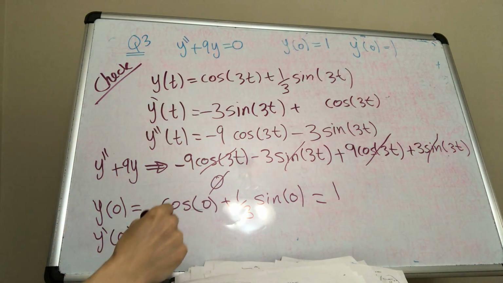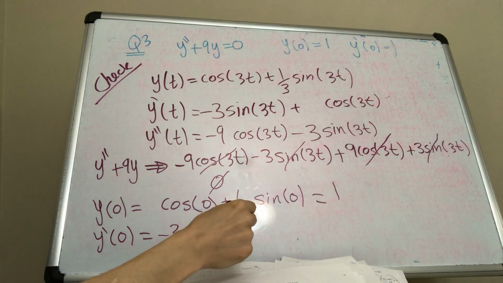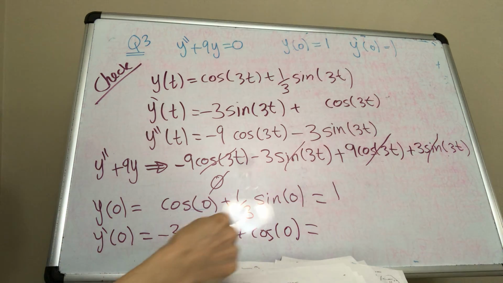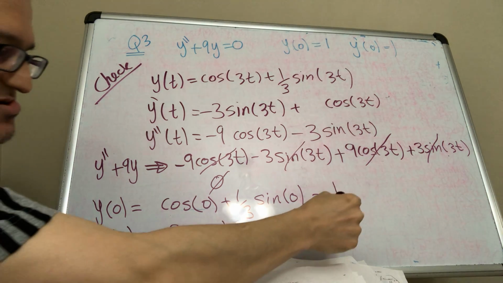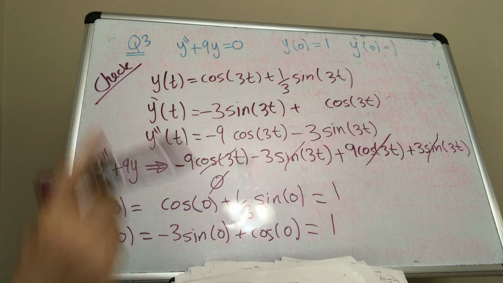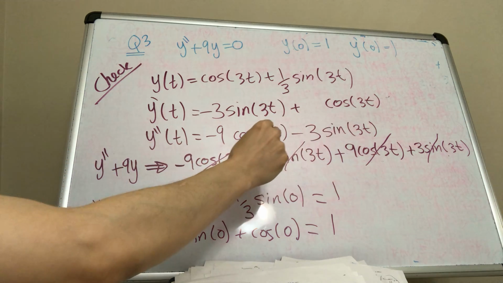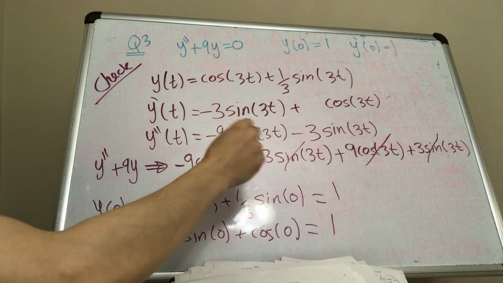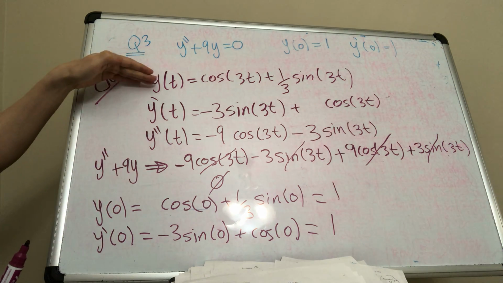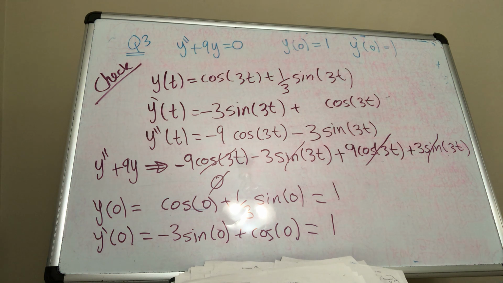We plug it here. Negative 3 sine 0 plus cosine 0. Sine 0 is 0, cosine 0 is 1. So the derivative at 0 is 1. It's not asked for, but we proved that this solution satisfies everything.